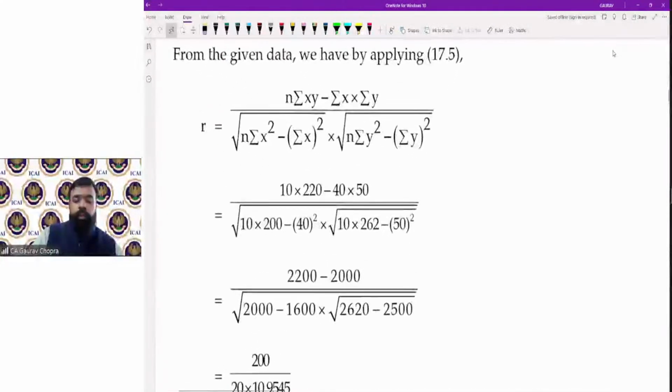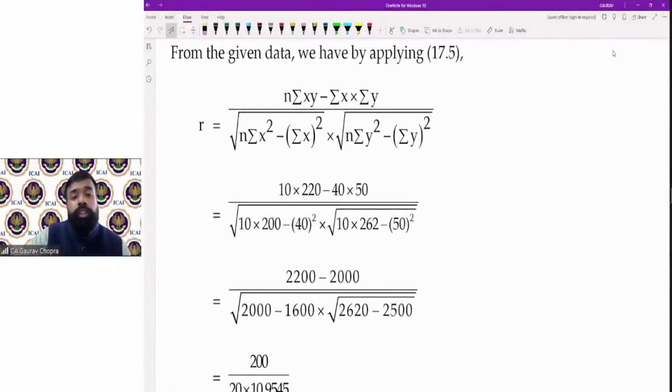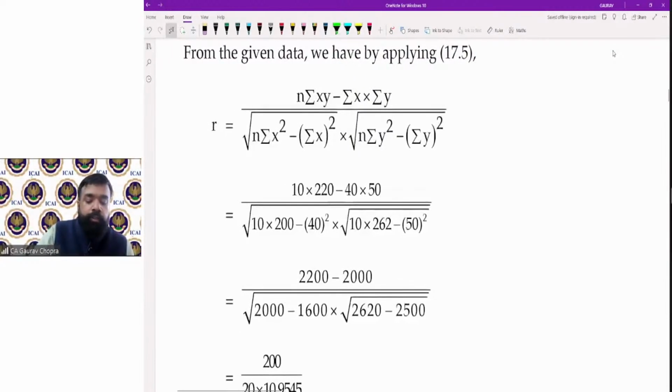So which formula will apply? The formula will be the summation method, or you can say the direct method. Now apply all these values. n is 10, then sigma xy is 220 minus sigma x 40 multiplied by sigma y 50, divided by root of n sigma x square.